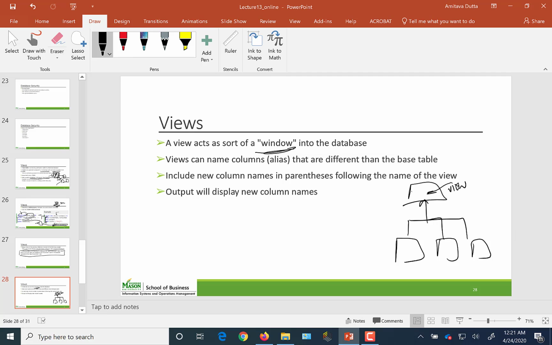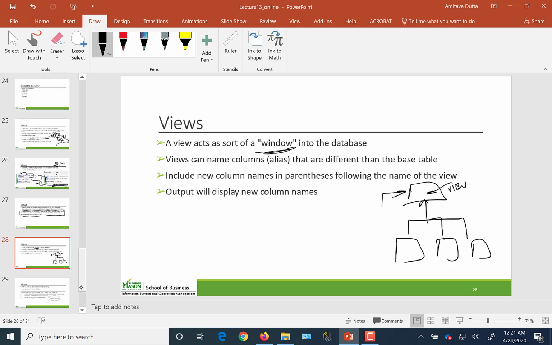So think of a view as the result of an SQL query. The only difference is when you write an SQL command, the extraction is done, you see the results, and as soon as you finish the SQL command, the result goes away. Here, when you do a create view, the database management system will actually come back and create this table and store it for the end user to use.